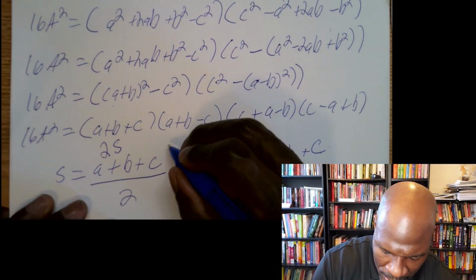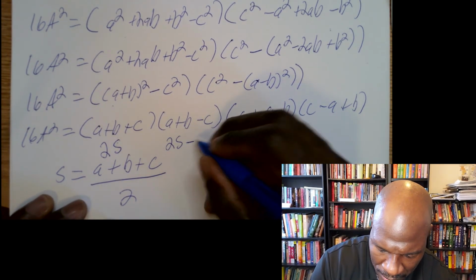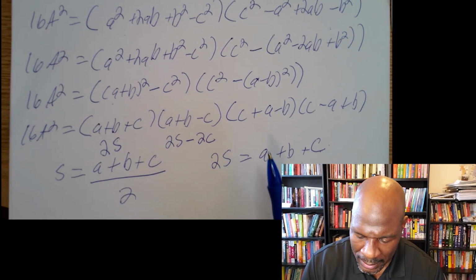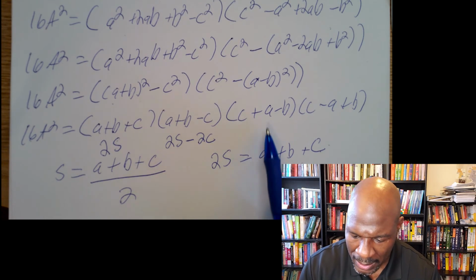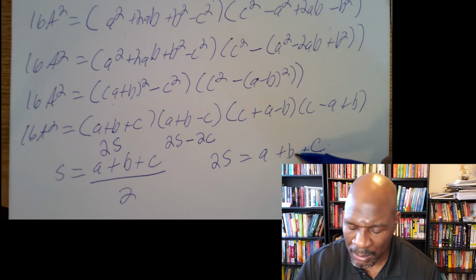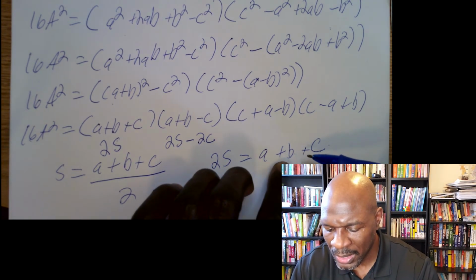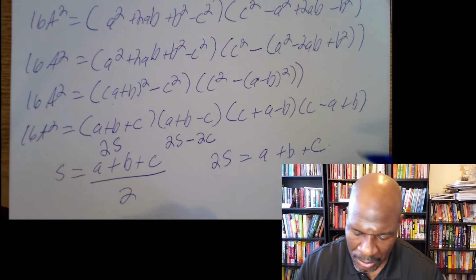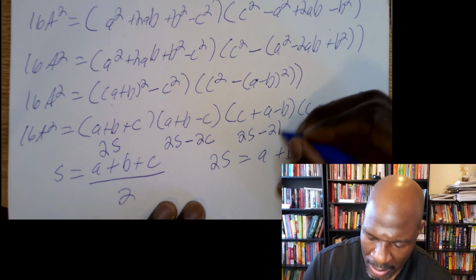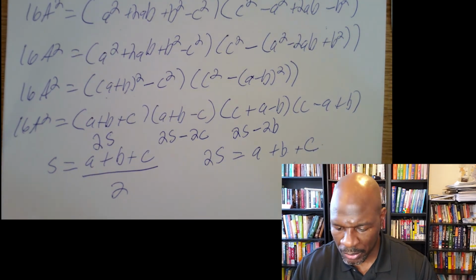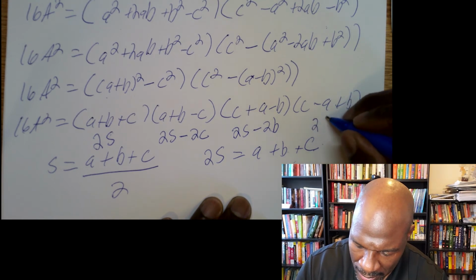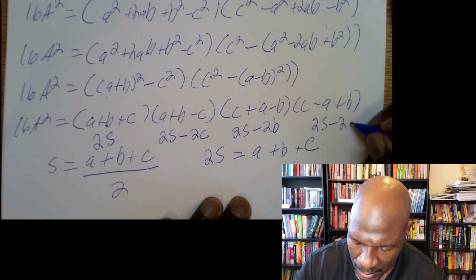This guy is 2s minus 2c. Look at this guy. This is c, a, negative b. Pretty much everything here, but the b is negative. Same deal. What do I have to do to make this b negative? Subtract 2b from it. So this guy is 2s minus 2b. And if you follow what we've been doing, this is a negative a, and so this guy is 2s minus 2a.